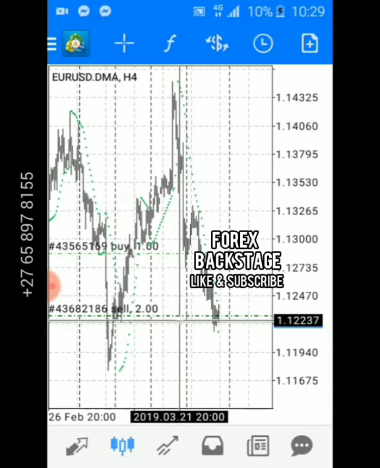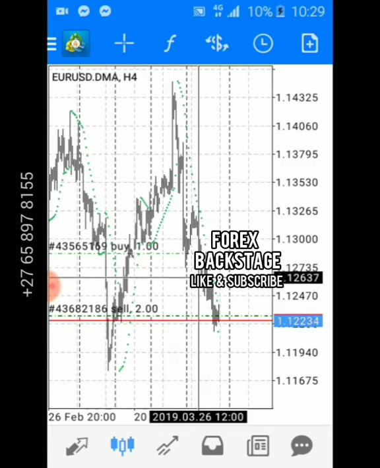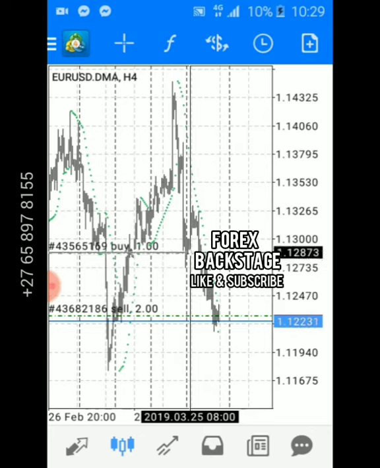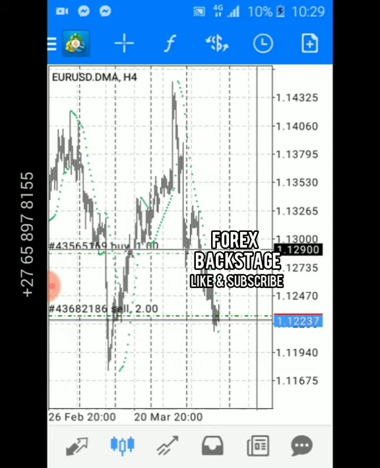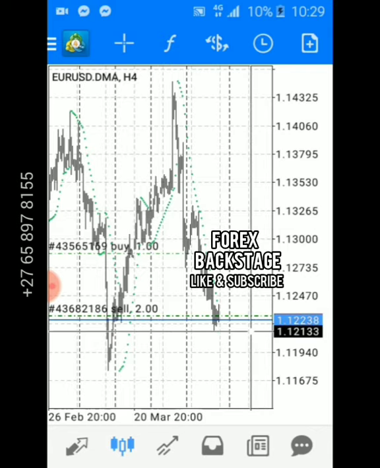Now the last step that I want to show is that, okay, since now my 2.00 trades have been activated, I go back now to my first point where I have taken my buy 1.00. Then I'm going to set my 3 pending orders at a lot size of 3. If the market comes back and activates my buy 3.00, I will also come back at this level of 2.00.